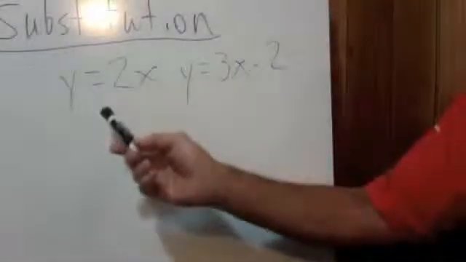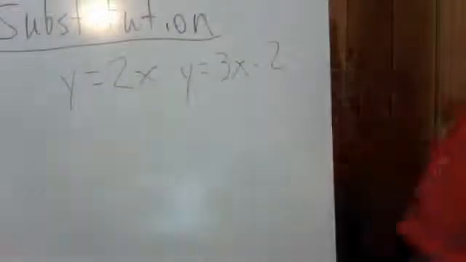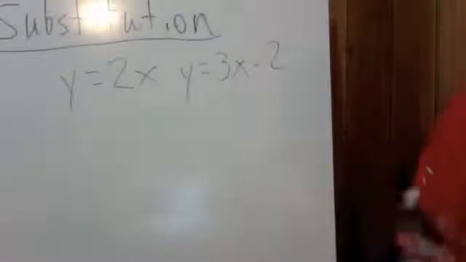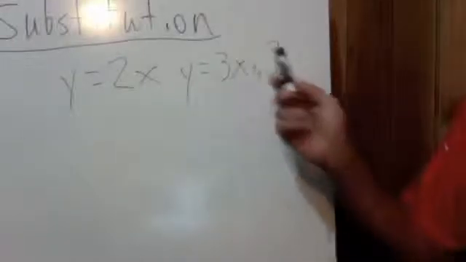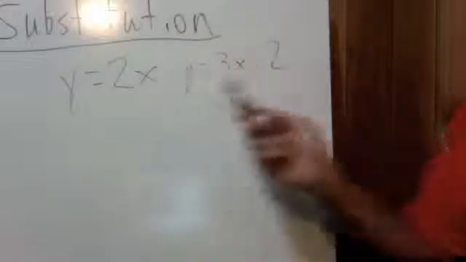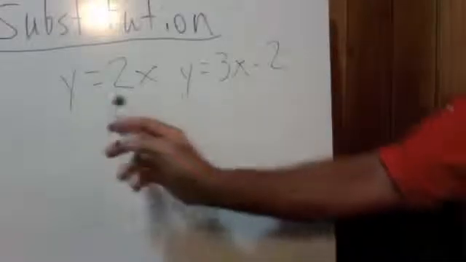Well, lucky for us, we do have two equations now. We've got y equals 2x and y equals 3x minus 2. And in fact, if you think about it for a second, we can make this equation have just one unknown by a method called substitution.